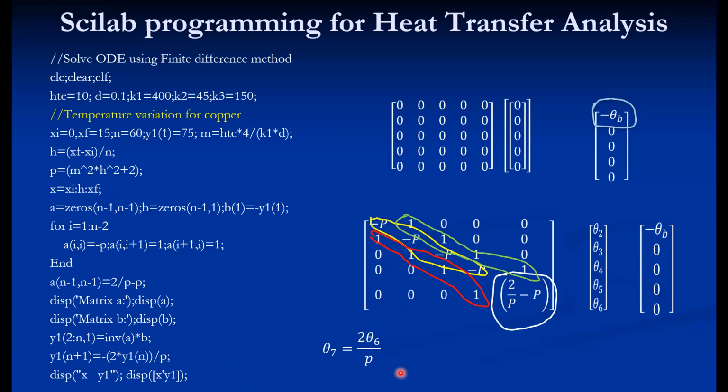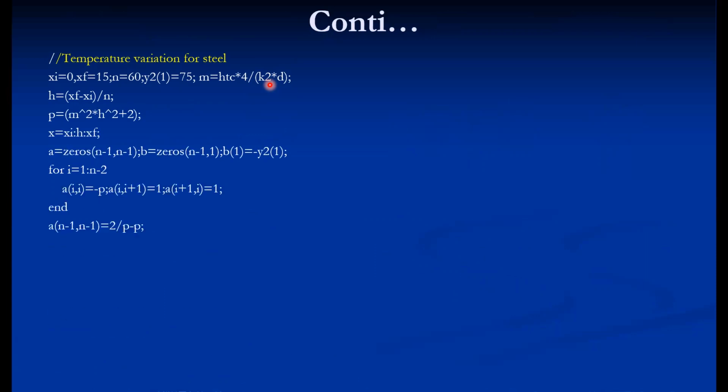Now this is the program for copper, and a similar program we can write for steel and aluminum. Only thing is that the value of K is different. So if you have to write for steel, instead of K1, it is written as K2. Rest of the steps are the same, that is batch size, P values, X variation, then A matrix 0, B matrix, then for, so remaining steps are the same.